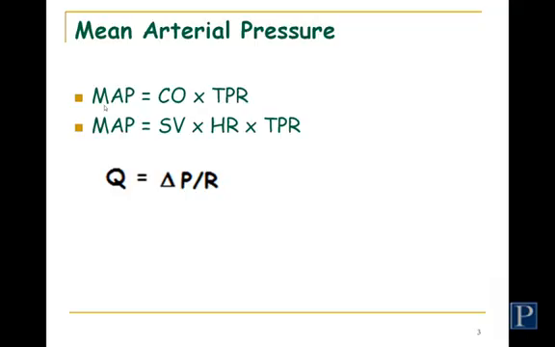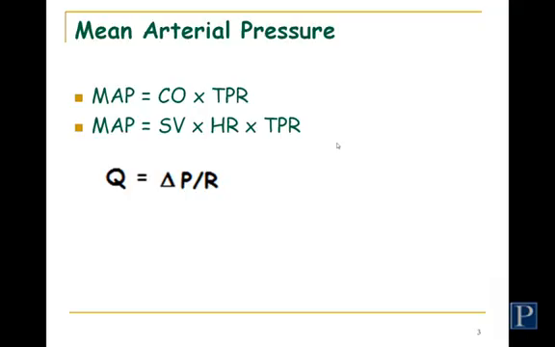Maybe during exercise, when cardiac output is going up, my mean arterial pressure may not be changing that much because of enough of a drop in total peripheral resistance that may be happening at the tissues that are getting all that blood. They may be dilating.